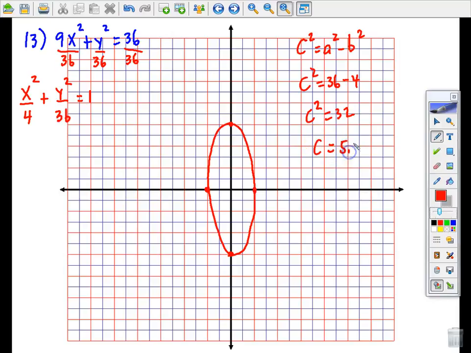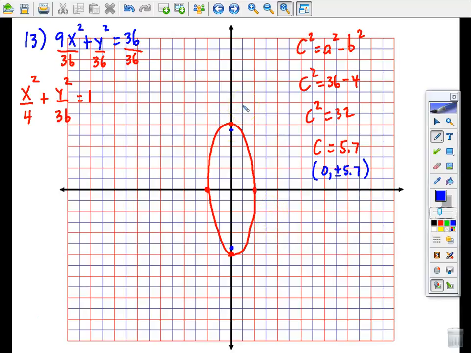C is 5.7. It's 5.7 units from the center to a focal point. So it's almost to 6, just inside 6. Change the color because it's real close. So the way I would show this in ordered pair form is 0, plus or minus 5.7.